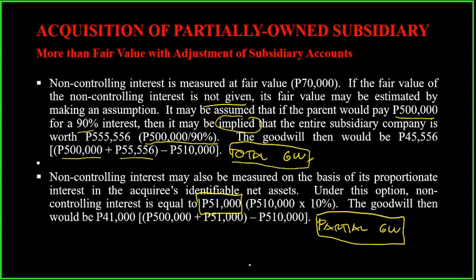So, let's try to enhance the analysis. Let's try to do this. You have the parent and you have the subsidiary and then you have here your total. Okay? The parent is going to pay, okay, so this is the consideration, no?